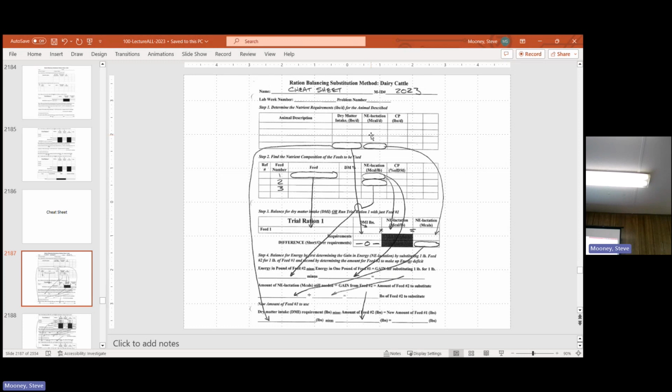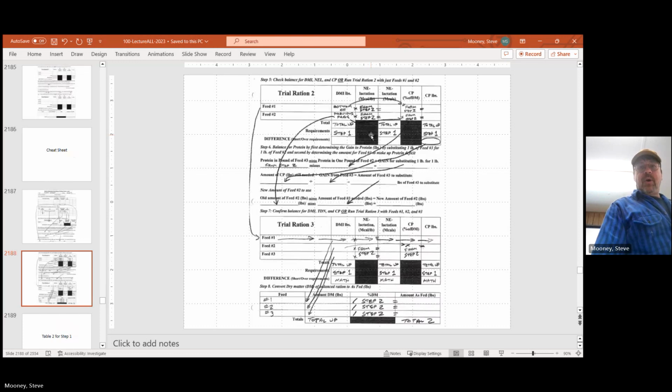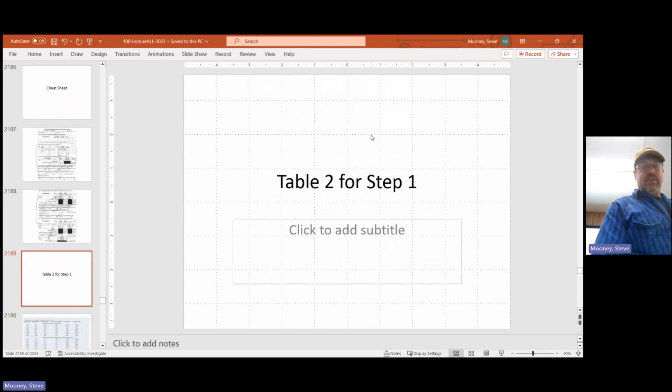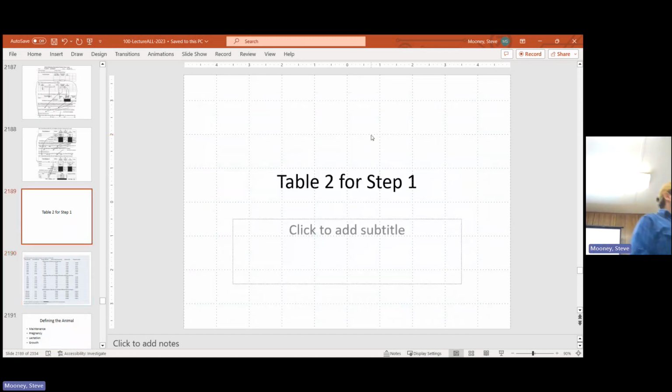So we don't have to divide by 100 anymore when we're dealing with the energy values like we did last week. So pretty much the same movements that we had last week. So any questions on the form?